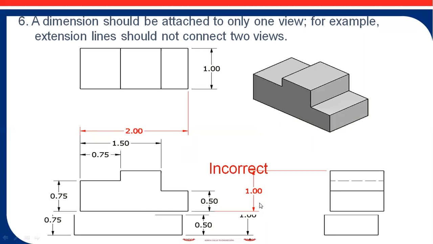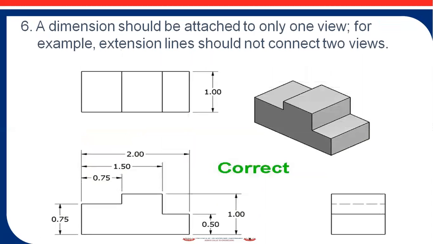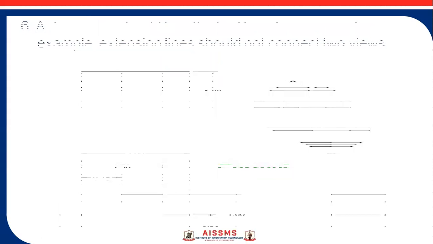This is an incorrect way of dimensioning. You have to show the extension line with respect to that view only, not connect two views by using an extension line. The correct way of dimensioning is this way. The two views are not connected with the extension lines; they are separated, and the dimensions are shown in each view.